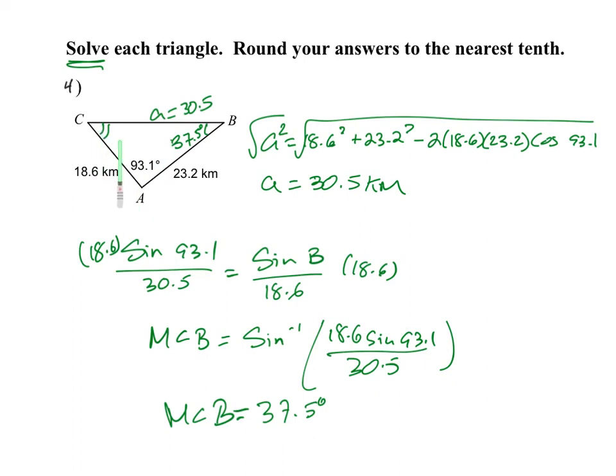We know that the sum of all the angles is 180. So when we subtract, the measure of angle C equals 49.4 degrees.